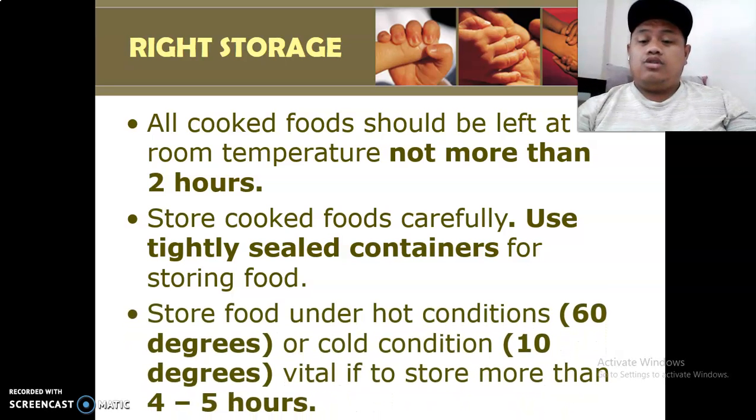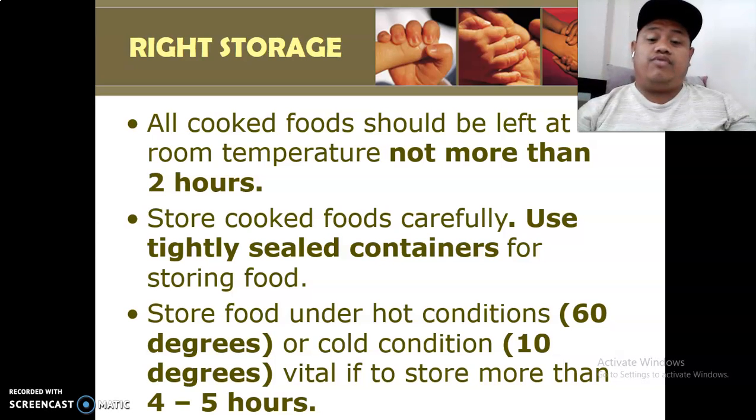Store foods under hot conditions at least 60 degrees Celsius, or under cold conditions of not greater than 10 degrees Celsius. This is vital if you're planning to store the food for 4 to 5 hours.